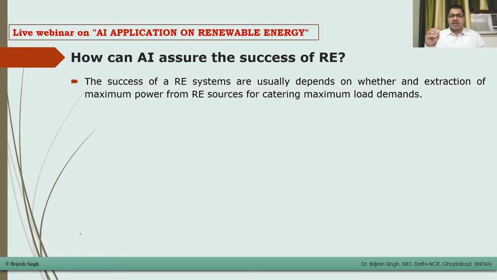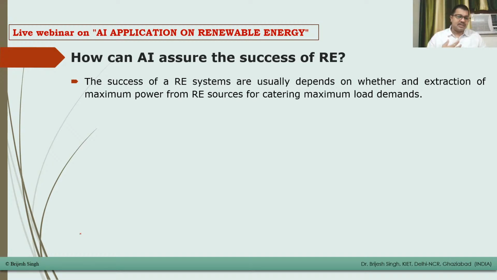Actually, if you are talking about the efficiency of a renewable energy system, it is based on 2 factors. First, how you extract the maximum power. Our target is to harness or extract the maximum power from the renewable energy source, or you can say convert the crude energy form to the electrical energy form at the maximum value and cater to the maximum load demand.